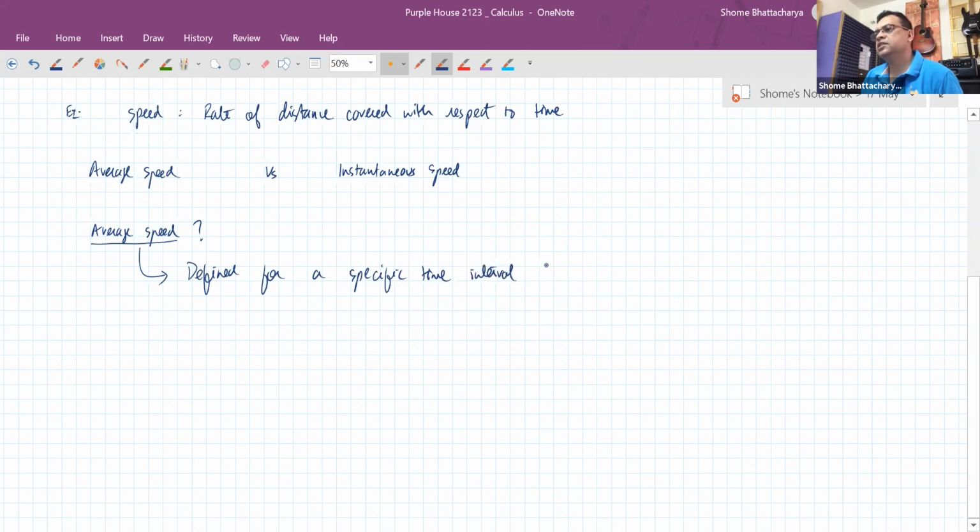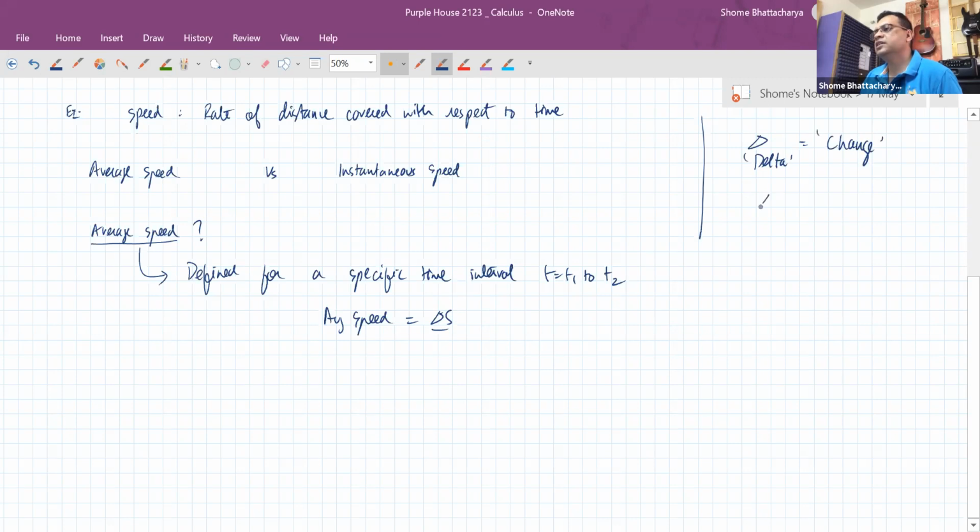So let us say that interval is t equal to t1 to t2. During that time interval, the average speed is the distance traveled during that time interval. Let's denote distance as delta S. You must be familiar with the symbol delta. It is generally used for change.